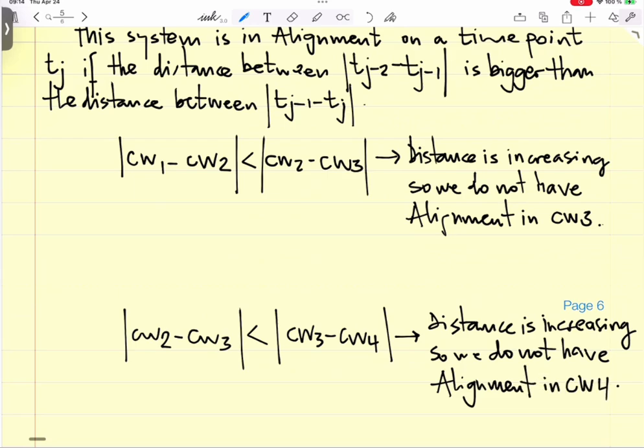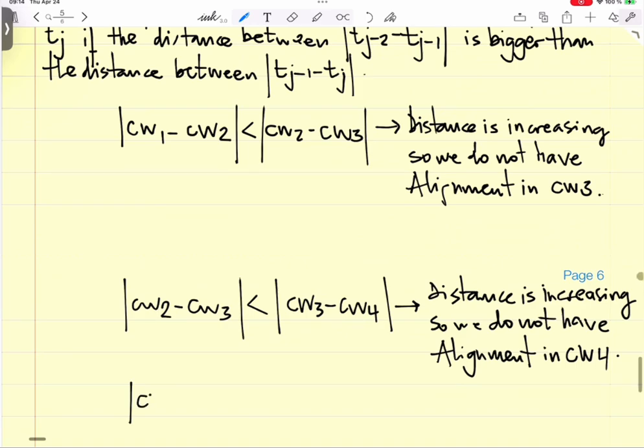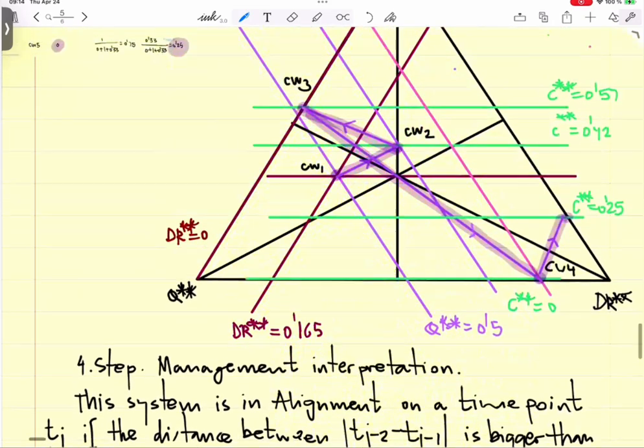And then the distance between calendar week 3 and 4 is bigger than calendar week 4 and 5. This is obvious, okay? This distance is bigger than this distance.